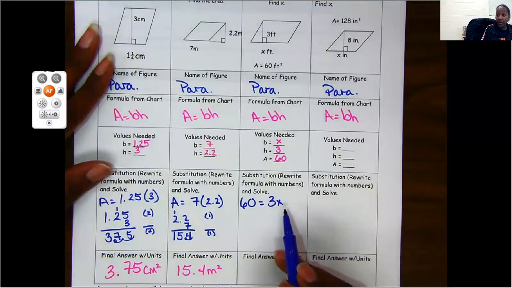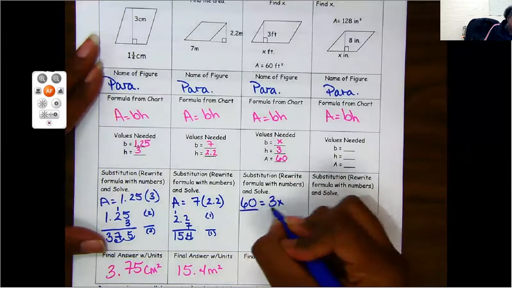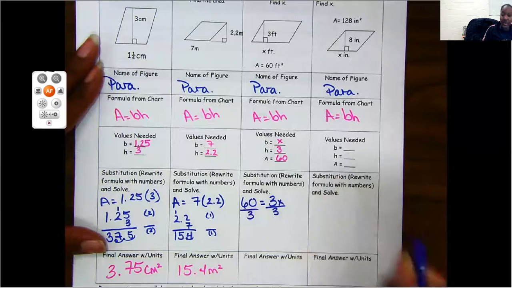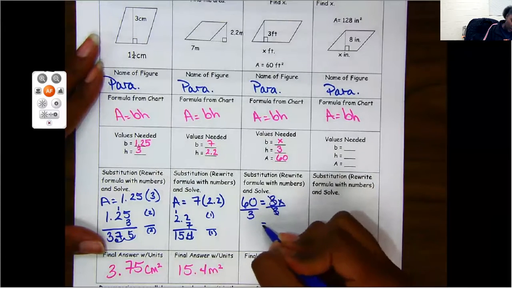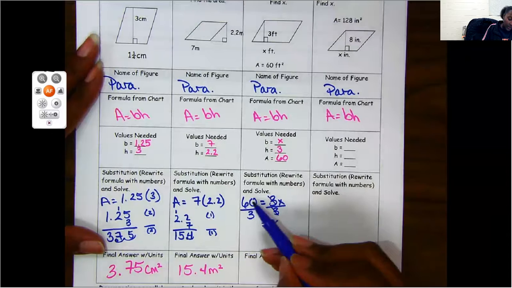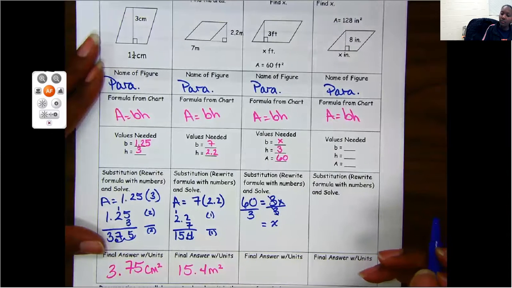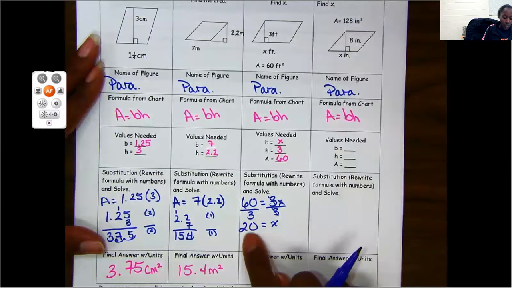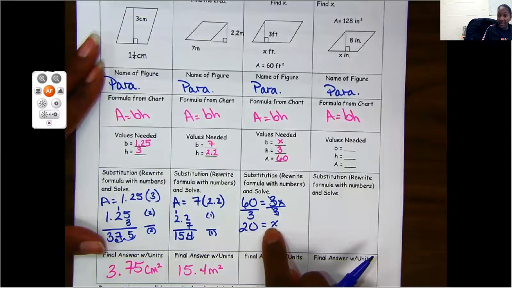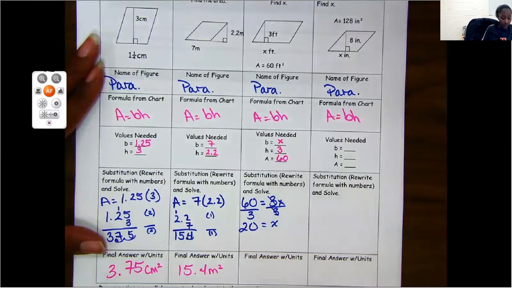But since I have a missing variable, I need to do the opposite of multiplication, which would be division. I need to divide both sides by 3 so I can get that missing variable by itself. 3 divided by 3 gives me x. 60 divided by 3 is 20. Okay, 20 equals x, or my base. But remember, we need to check, right? We need to make sure we get that.